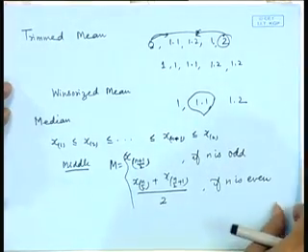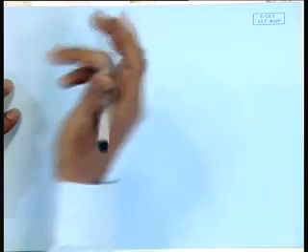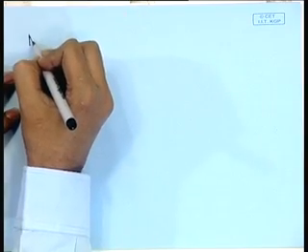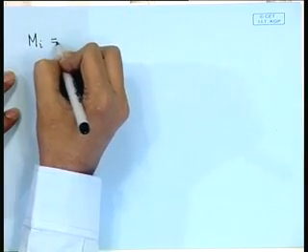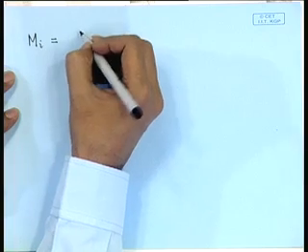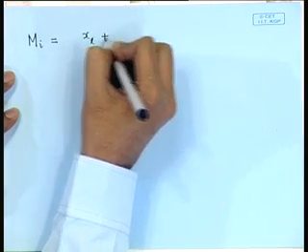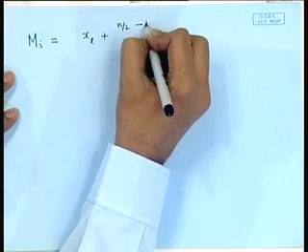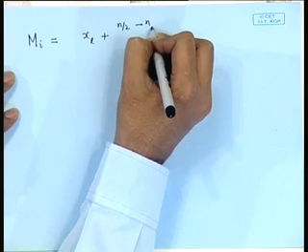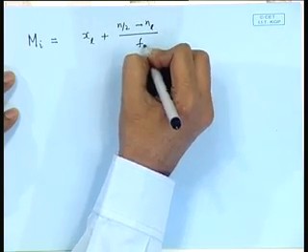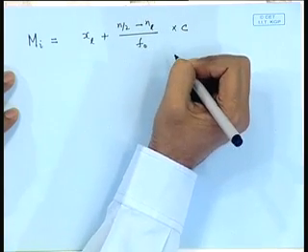So, when we have raw data, we can order them in a sequence and find the median using this technique. However, if I have a frequency distribution, then one may consider the following. The median is written as m equal to xL plus (n by 2 minus nL) divided by f naught, into c.